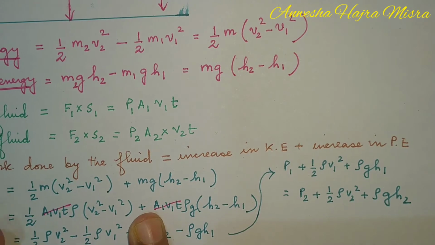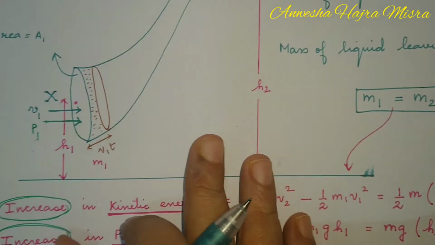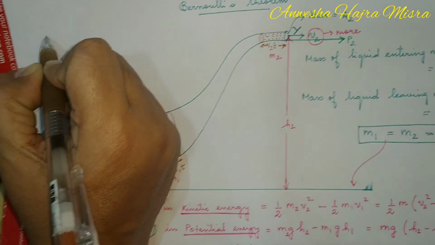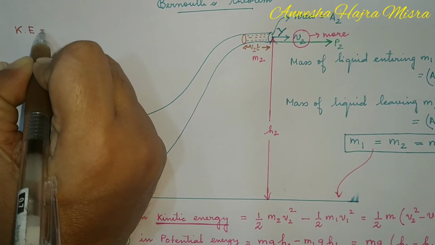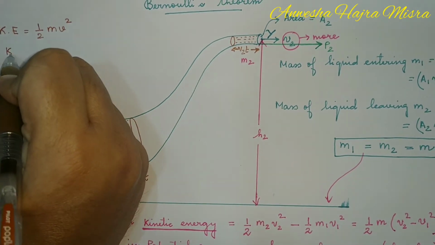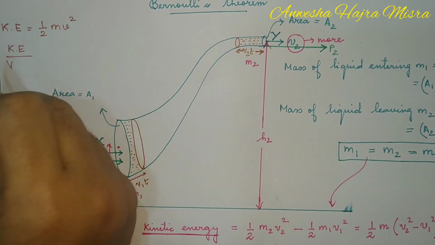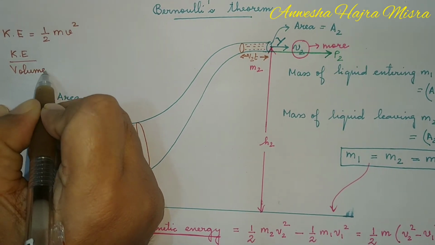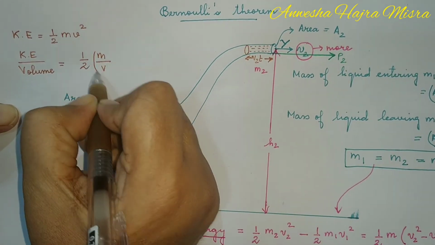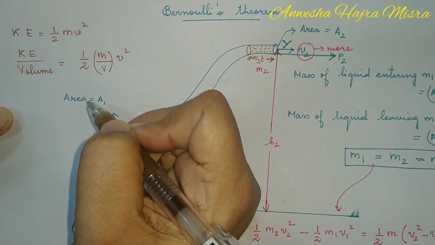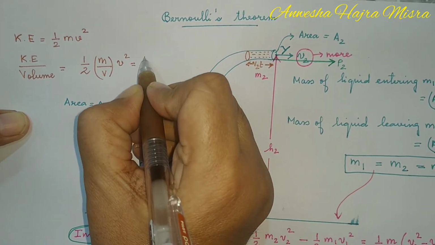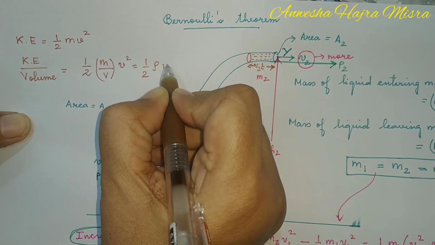Now what is half rho V1 square? Kinetic energy is half m v square. If you divide kinetic energy by volume, what do you have? Half mass by volume into v square. Now mass by volume is nothing but density. So this can be written as half rho v square.